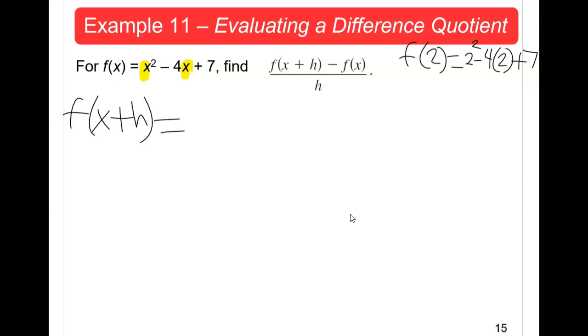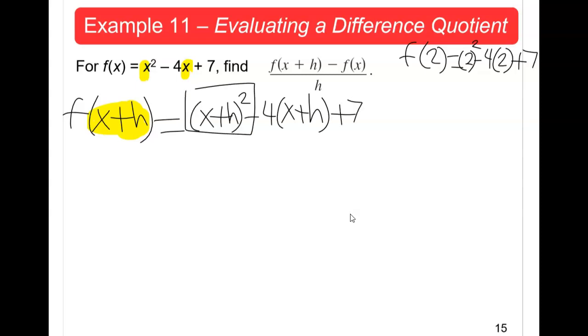Now, what we're trying to do here is substitute the expression x plus h. Just like we were to substitute a number, we're going to substitute x plus h. So that would be x plus h squared minus 4 times x plus h, and then plus 7. Now, this part here is the same as if we were saying x plus h times x plus h.